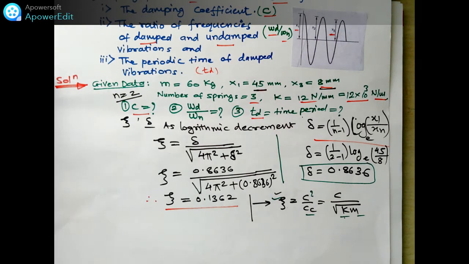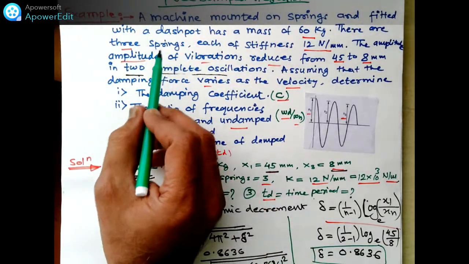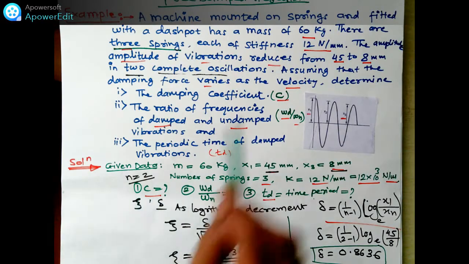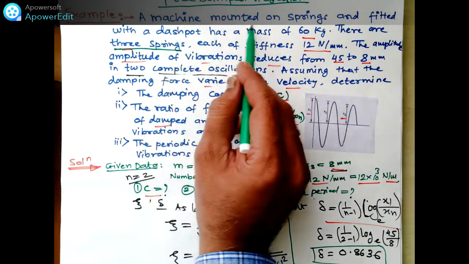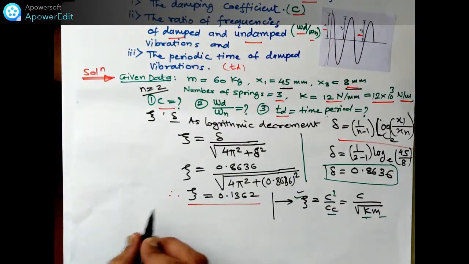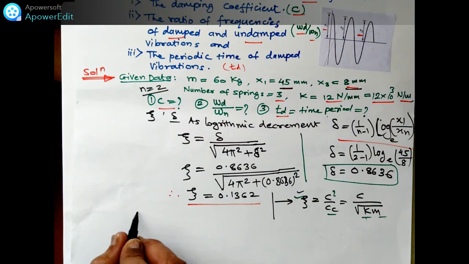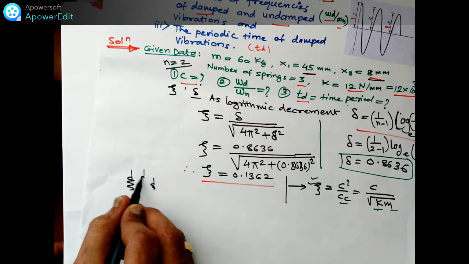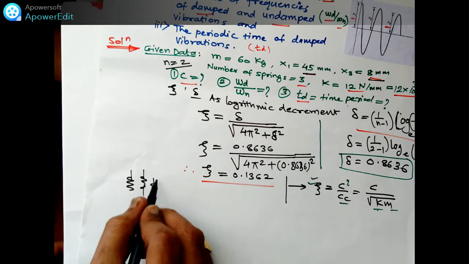What is the value of k here? What is given to you? See, I will read it again. The 3 springs are given to you. The machine is mounted on the springs. Number of springs are 3. So what do we have to find out then? Then k equivalent. I will draw the figure here.